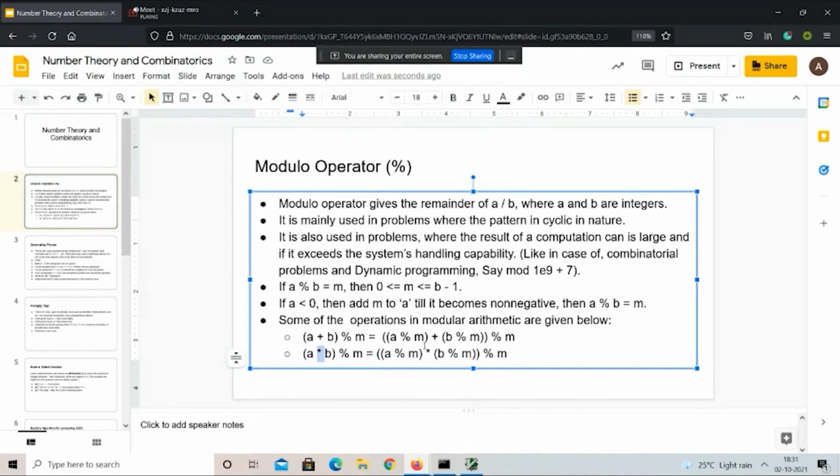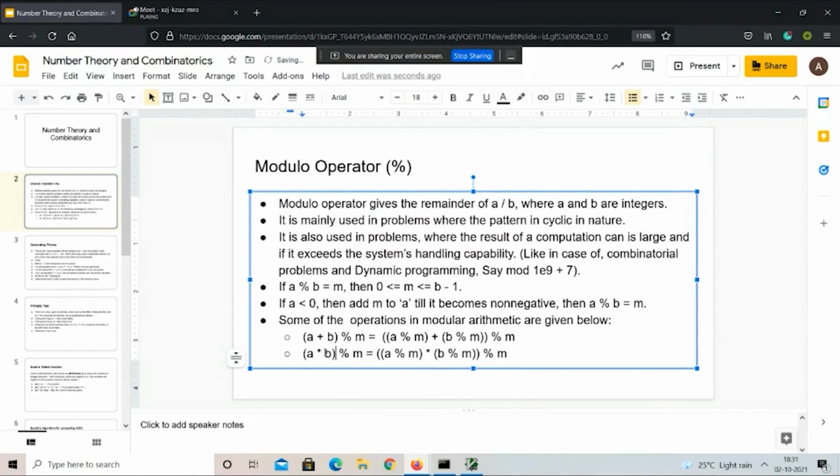For multiplication, it applies the same. For minus, as I told, you have to do this before you can perform it. Generally they don't ask about minus because there can be inconsistent results with a minus b, so we will just resort to this.